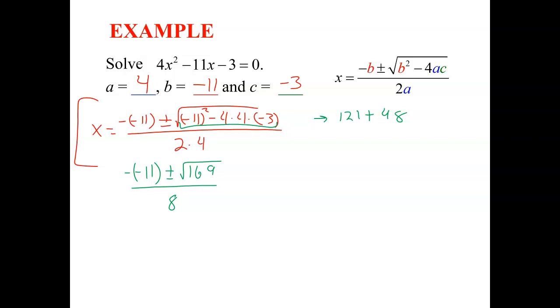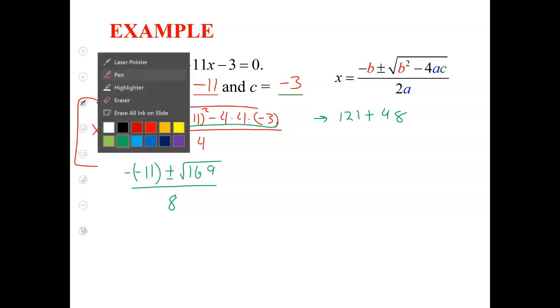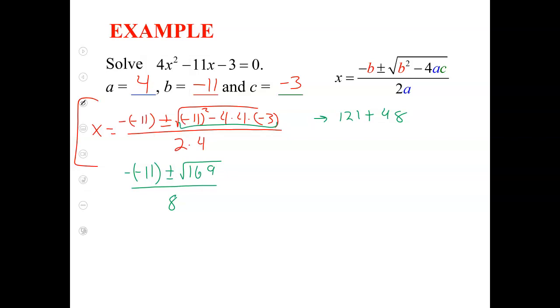And then we're going to go ahead and start to clean up and simplify our radical even further. Okay, so negative 11, that becomes positive. Plus or minus. Can I square root 169? Yeah, what's that give me? 13. Okay, so I have 11 plus or minus 13 over 8. Remember, our radicals give us two answers.